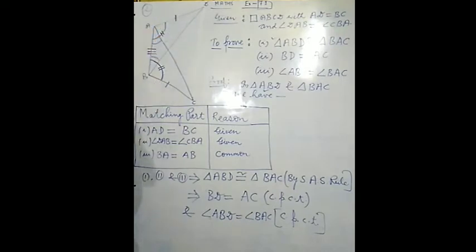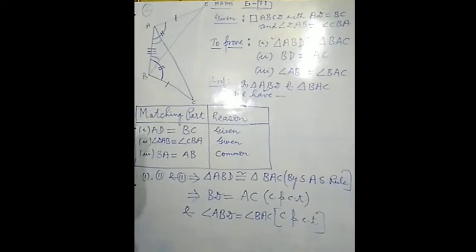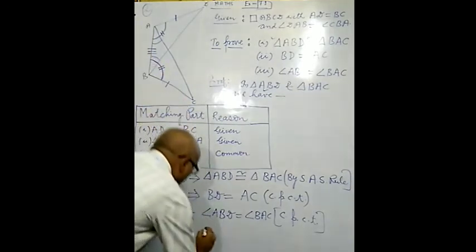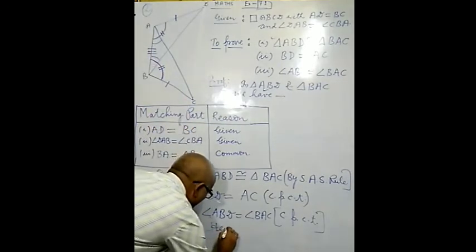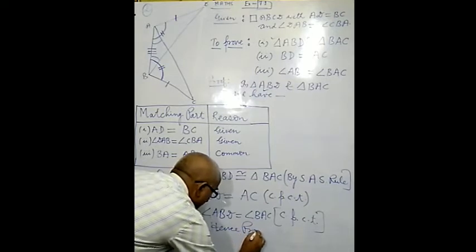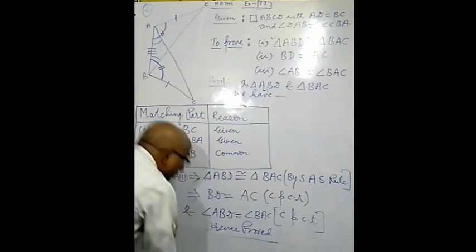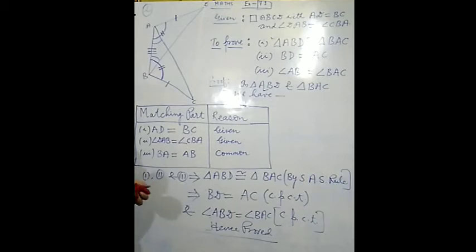Side, angle, side. In a sequence you will write it there. In this way we have proved everything, and at last you will write hence proved. Now question number 2 is completed. Now note down or take a screenshot so that we may start question number 3.